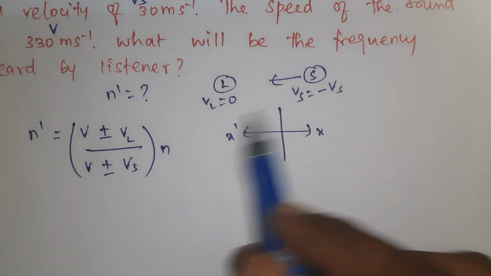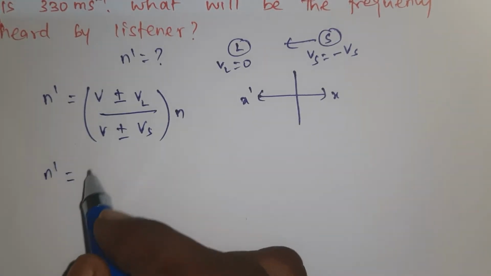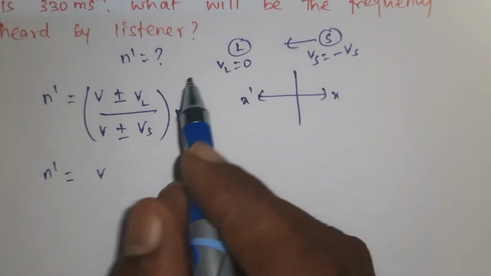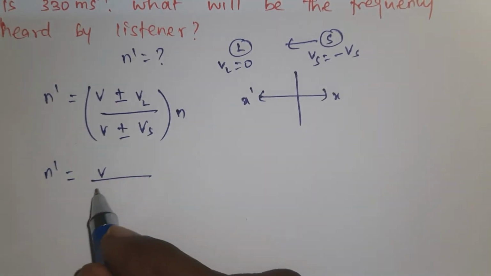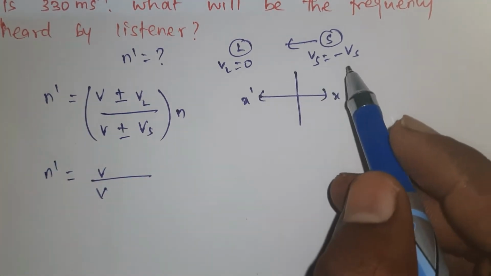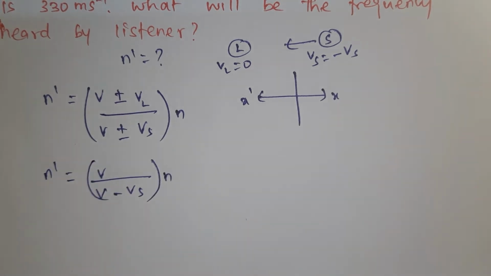Now use this condition in this formula. So n dash is equal to (v plus or minus vL), and vL is 0 because of the stationary listener, divided by (v plus or minus vs). So vs is taken as negative, v minus vs, into the original frequency, or frequency of the source. Now n dash is the frequency heard by the listener.